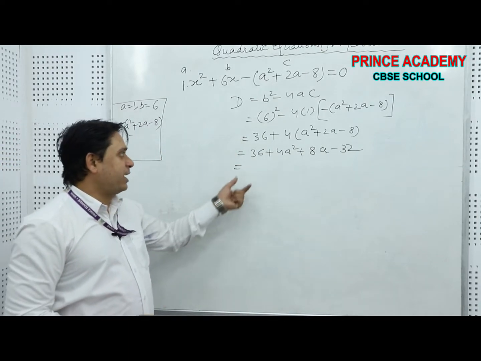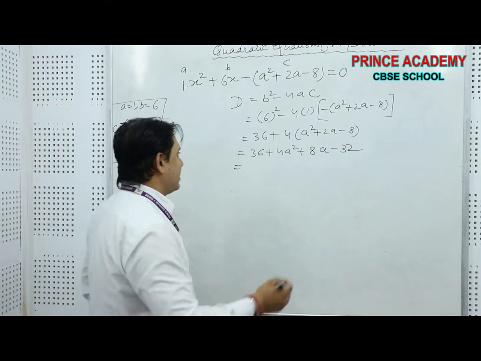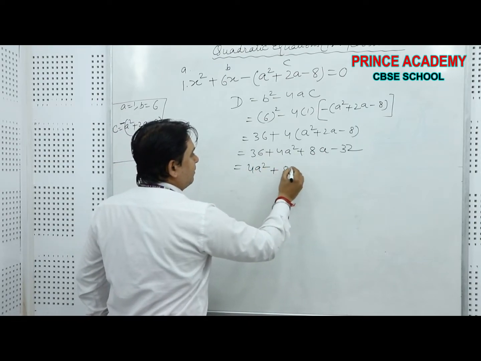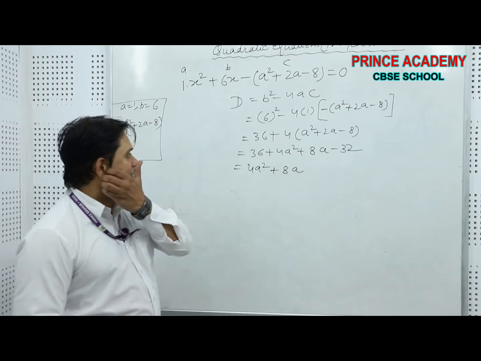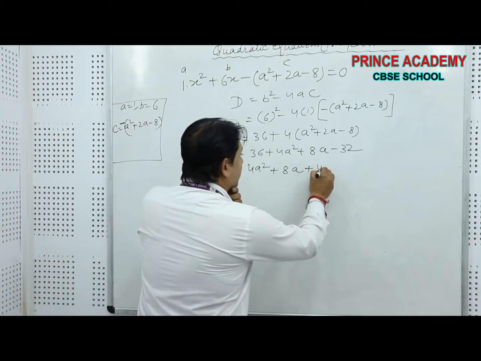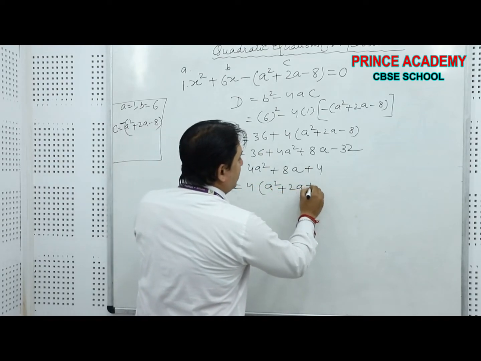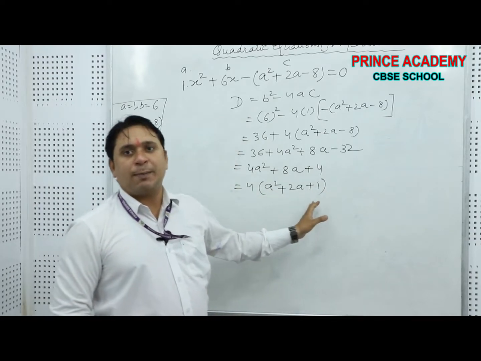A good observer has observed that there is again going to be a whole square. See, 4a square plus 8a, 36 minus 32, plus 4 is common: a square plus 2a plus 1. Yes or no? a square plus 2a plus 1.